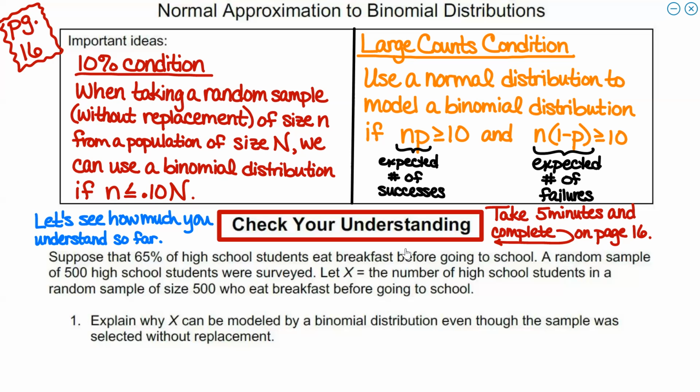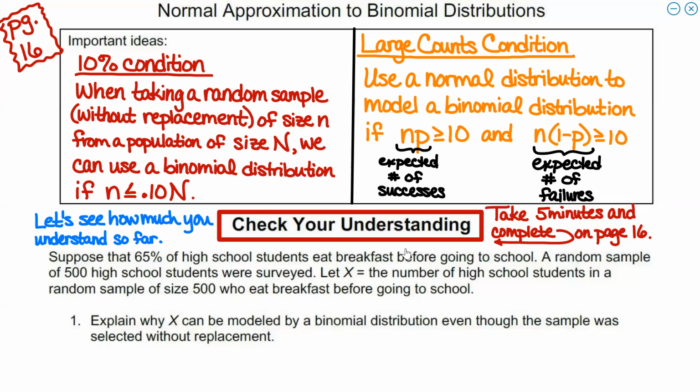Using your calculator, normal CDF, because I want 300 or less. Lower bound would be 0 students. Upper bound is 300 because we're stopping at 300. Those of you with Casios, your mean and standard deviation is switched around the other way. Those of you with the TI calculators, it's your mean and then your standard deviation.